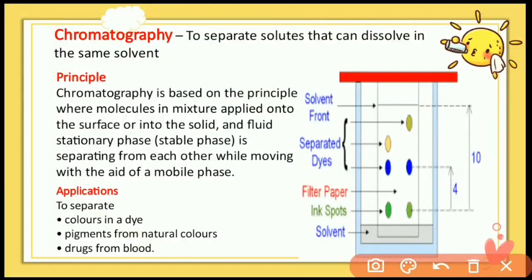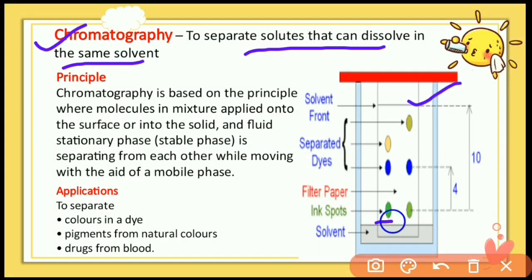The next separating method is chromatography. It is used to separate solutes that can dissolve in the same solvent. For this activity, take a chromatography paper and draw a line 3 centimeters above the bottom and make a center point. In a china dish, make a mixture of different inks like blue, green, yellow, and take one drop with the help of a capillary tube and put the drop on the center point and dry it.